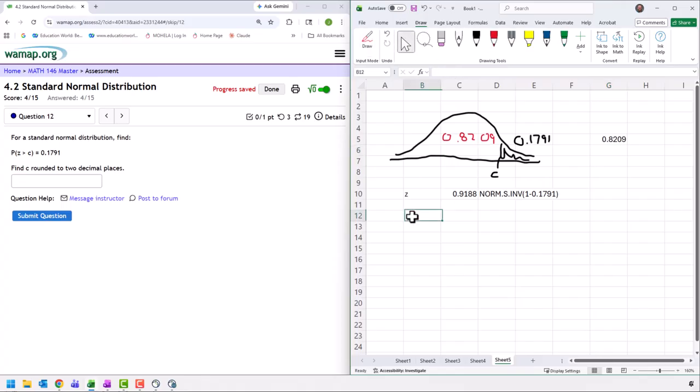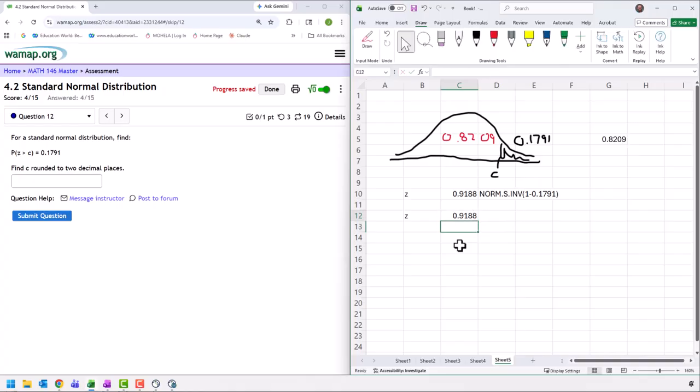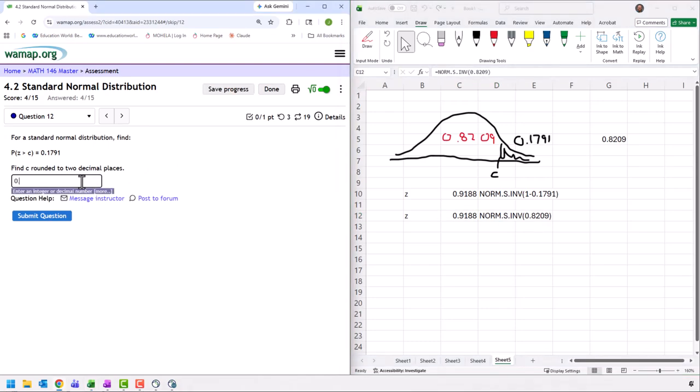And then I can figure out that same cutoff z-score, normal standard inverse, 0.8209. And the nice thing about the normal standard inverse is it just has one, there's no true false action, so we're just entering the probability. Anyway, we're rounding this to 2 decimal places, so 0.92.